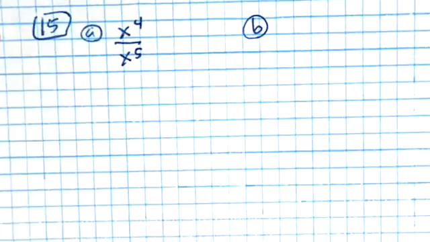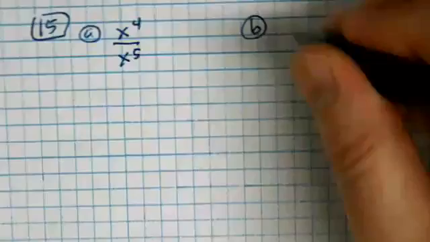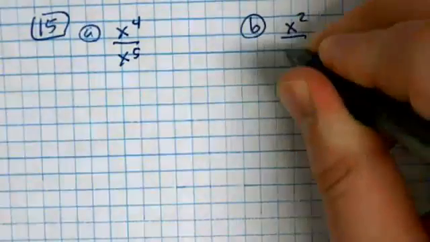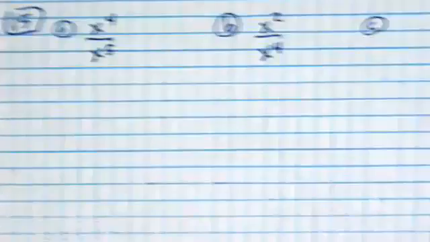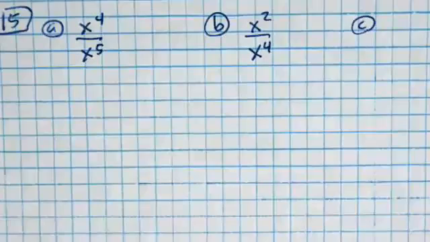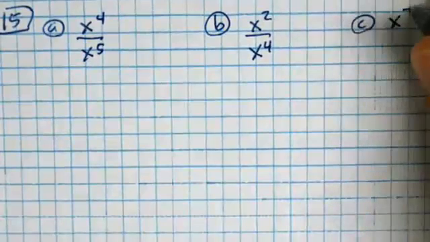Part B is x to the 2nd over x to the 4th. And part C is x to the 7th over x to the 10th.